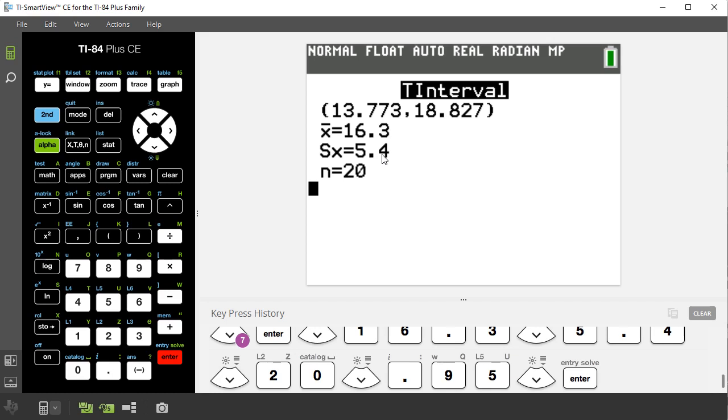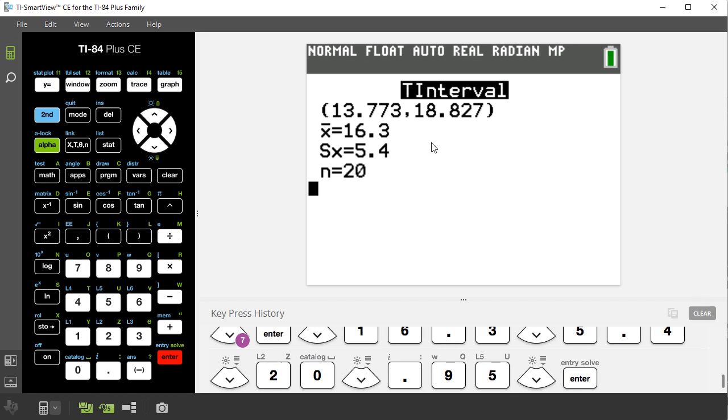The calculator will find the sample mean and the standard deviation, and knowing the sample size, it will then determine the confidence interval. And you have to indicate the confidence level, typically 99%, 95%, 90%, and so on.